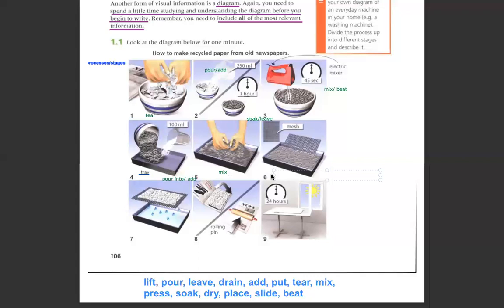Number 6, what are we doing with the mesh? So have a look at the action here. What are they doing with the mesh? I could use put, but what's a better word that I could use here?